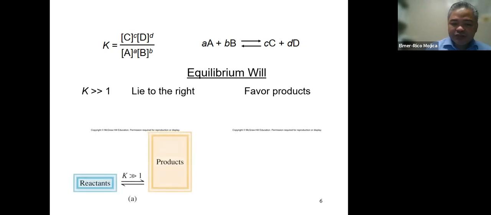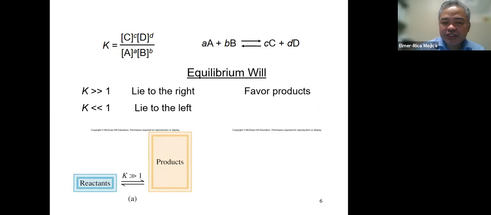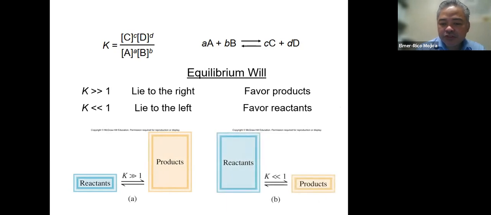Okay, so like this one. So if you have more products than the reactants, the value of your K is more than 1. Now, if your K is less than 1, okay, it lies to the left, and it favors the reactants. Okay, so this is how it looks like.